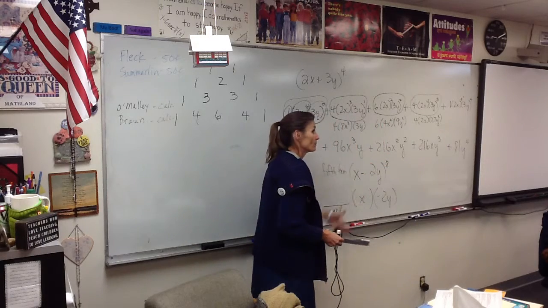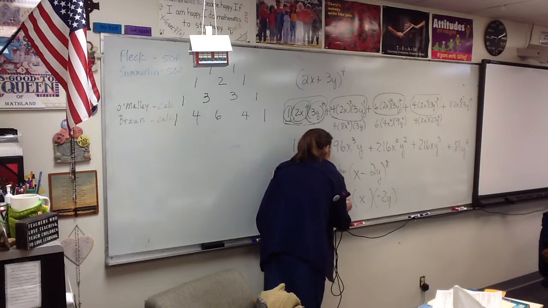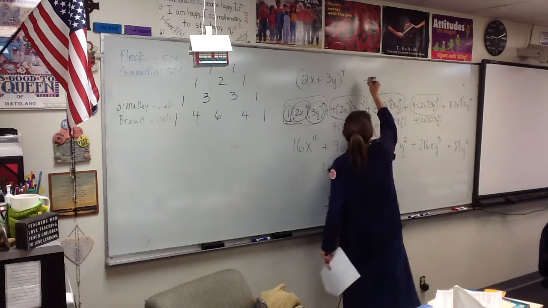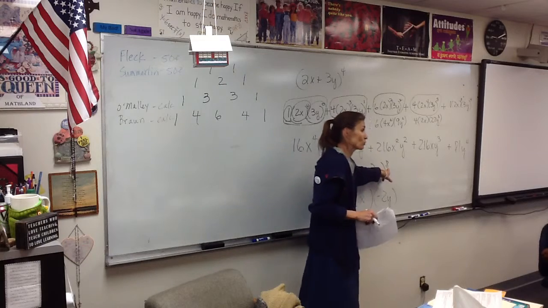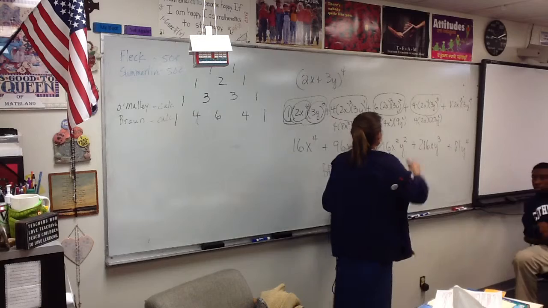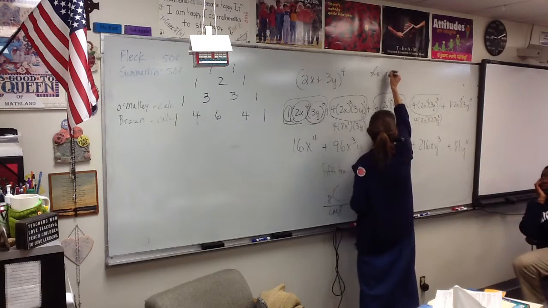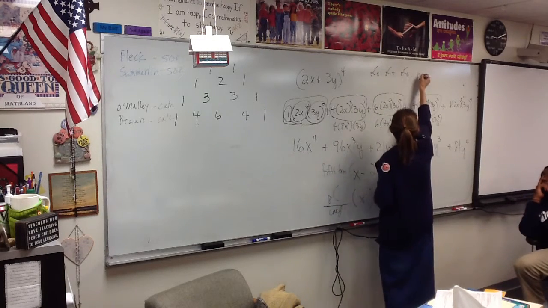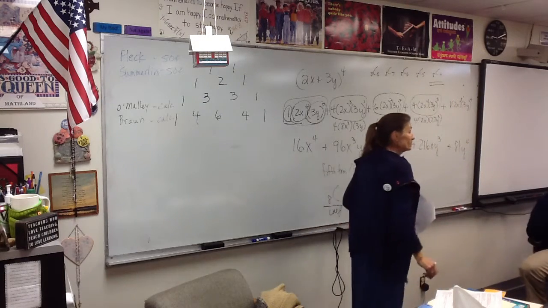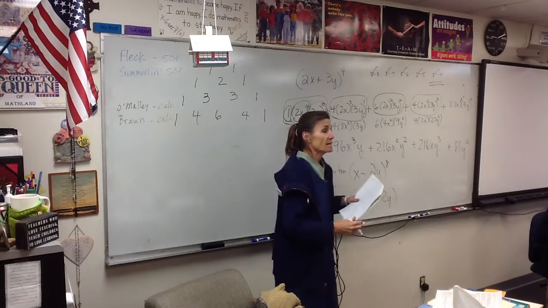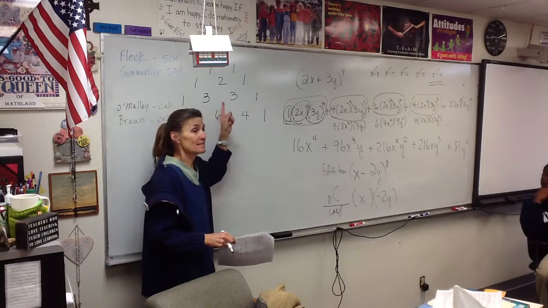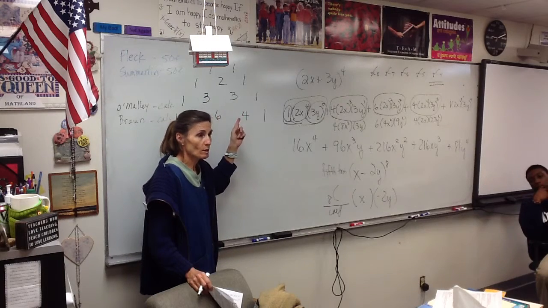It would be like 8C4. It's going to be 8C something because in the row, which by the way, if you were going to use the triangle, you need the 8th row, right? The first number would be 8C8, 8C7, 8C6, 8C5, 8C4. That is the fifth coefficient. Because remember, these numbers are the C numbers for that row.